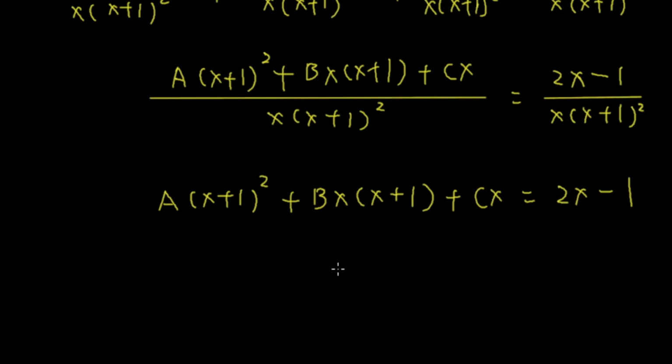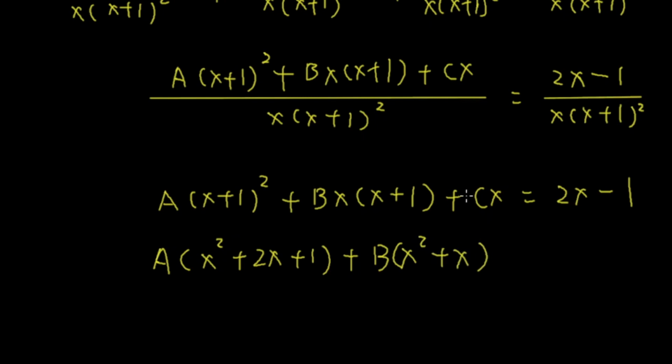Now, let's expand this. So this will be A times x squared plus 2x plus 1, plus B times x squared plus x, plus Cx equals 2x minus 1.